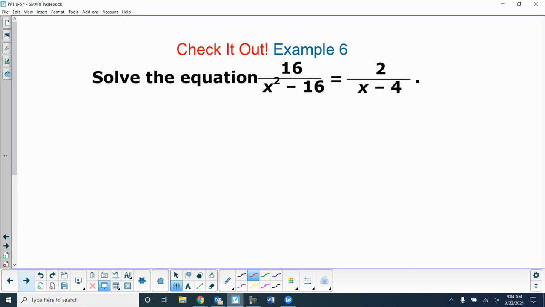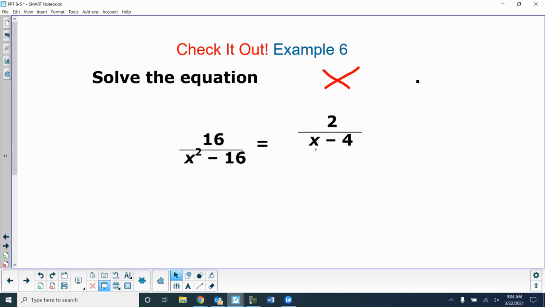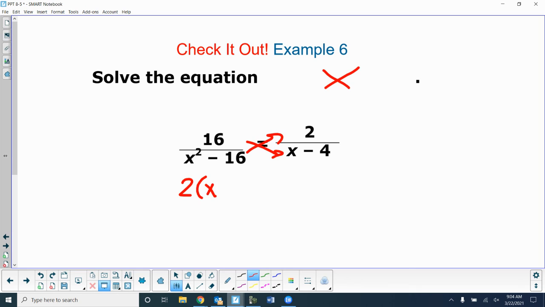So I think it would be easier for this one to cross multiply. All right, so we're going to do that. So 2 times x squared minus 16 equals 16 times x minus 4.